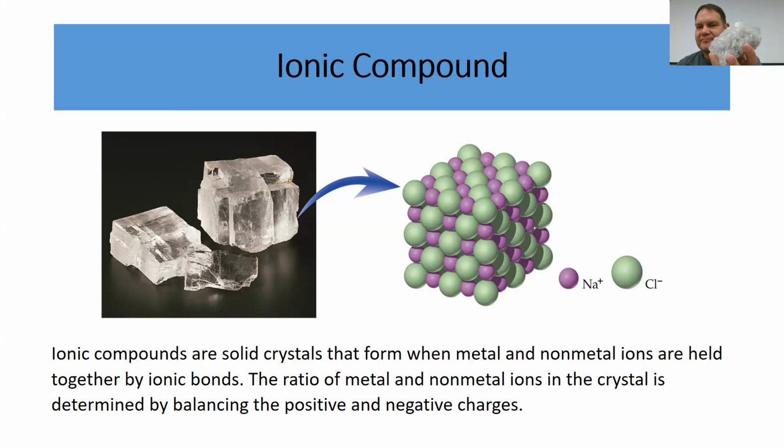Right here is a real example of an ionic compound. This is made up of sodium and chlorine ions, okay? Now, sodium and chlorine ions, those ions are really small. So to make this crystal structure, this has got to be hundreds and hundreds of thousands of these positive and negative ions that are forming ionic bonds to create these crystal structures or ionic compounds, okay?